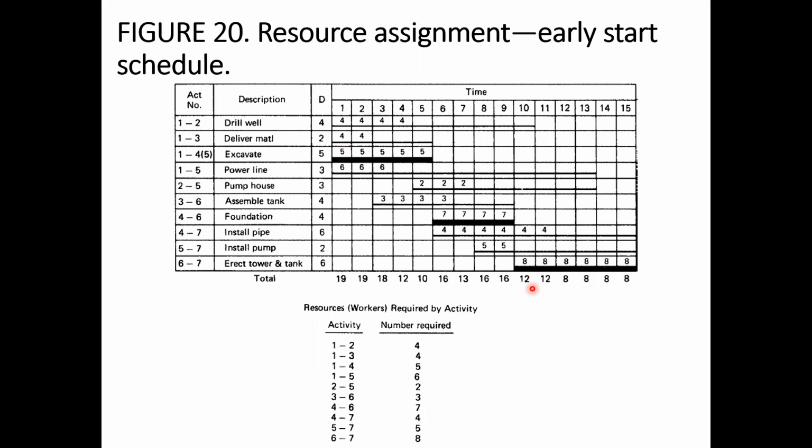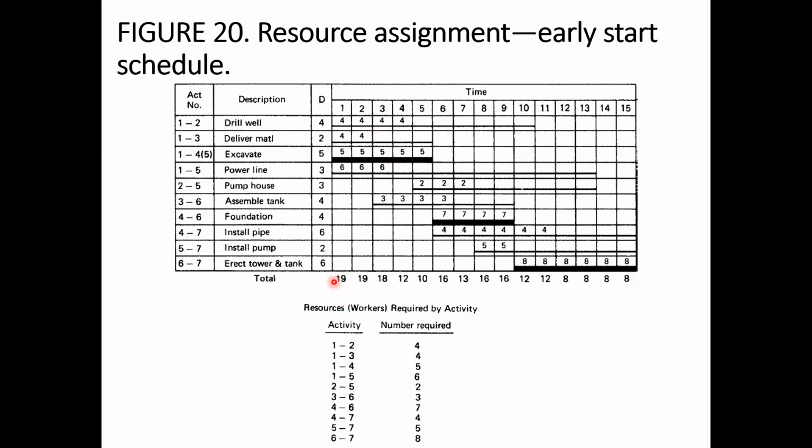In this way, we have estimated the requirement for the number of workers each week. So now you can see that we have used this early start schedule in the form of the bar graph to calculate the requirements for the workers each week.